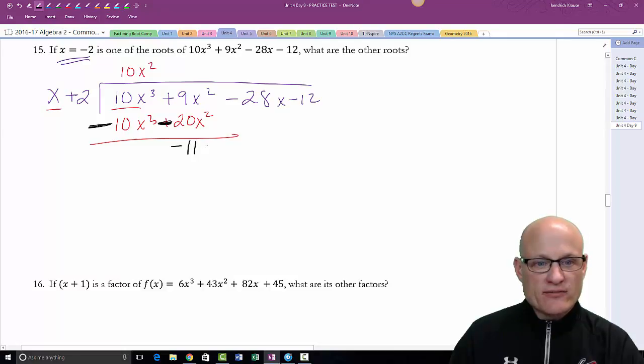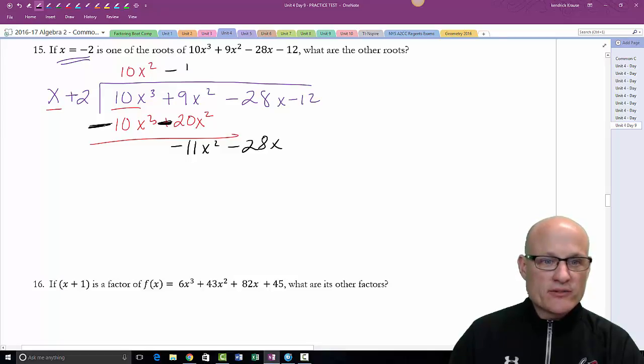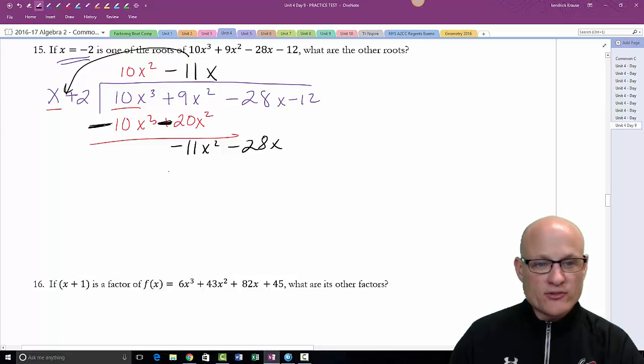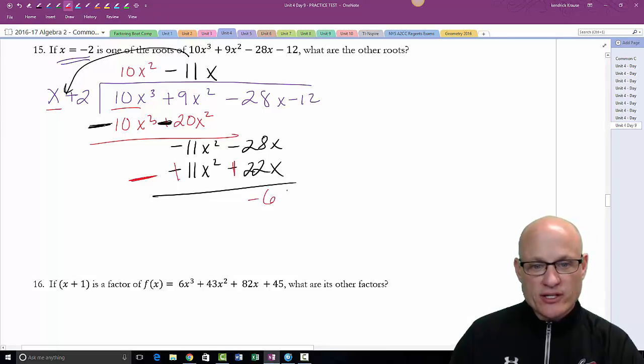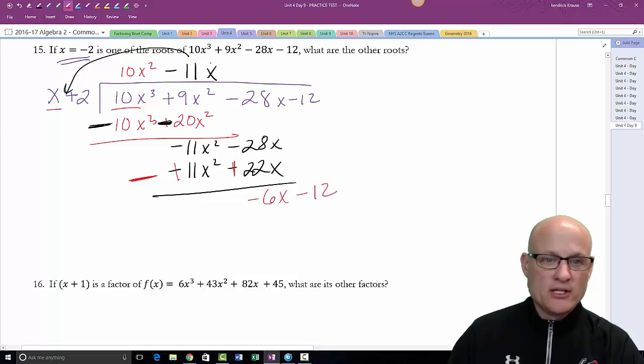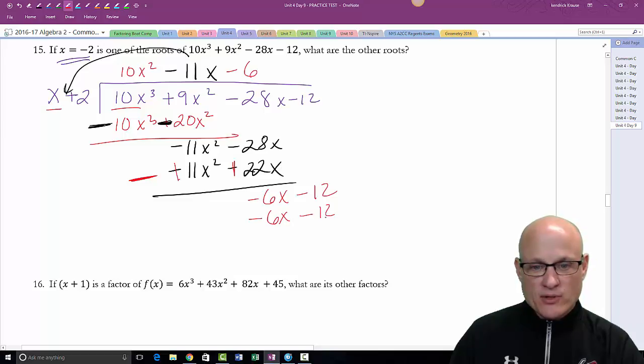So I get negative 11x squared minus 28x. Negative 11x times x is negative 11x squared minus 22x. I'm going to subtract. This turns into a plus, this turns into a plus. I end up with negative 6x minus 12. I'm going to multiply by negative 6. Negative 6x minus 12. Subtract. And end up with goose egg.